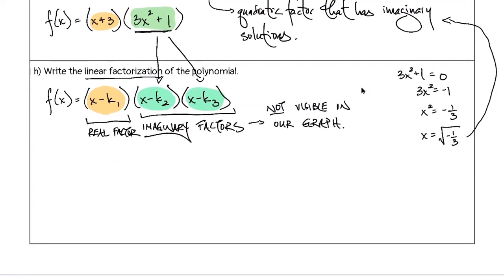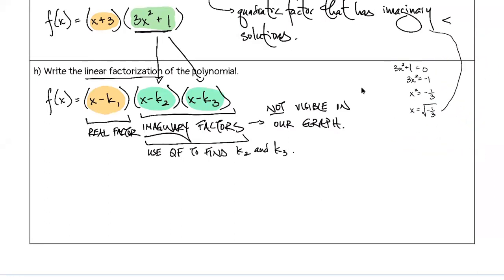So the question becomes, how in the world do we find our imaginary factors? What we're going to do is use our quadratic formula to find k sub 2 and k sub 3. And so I'm going to do this work over to the side. Let's take this, shrink it a little bit.